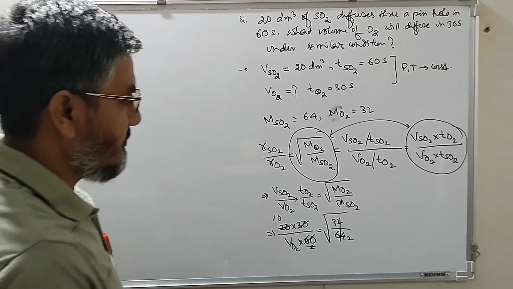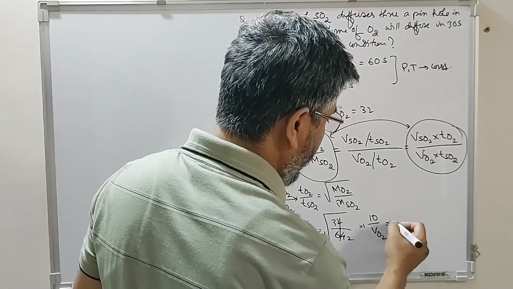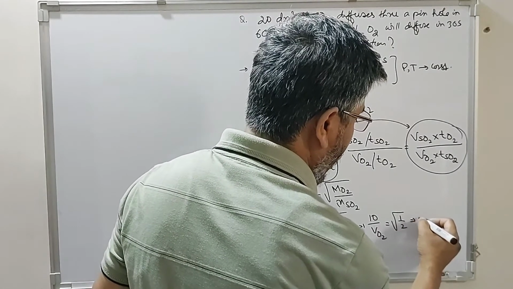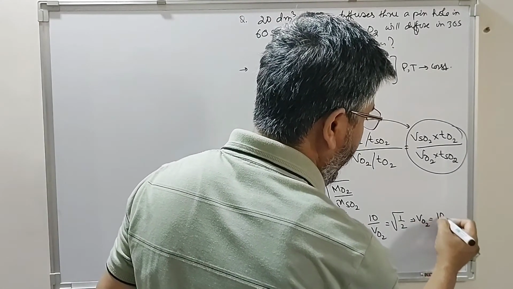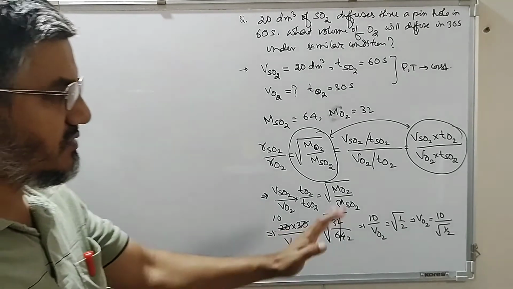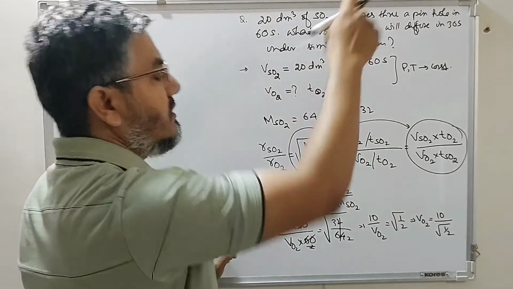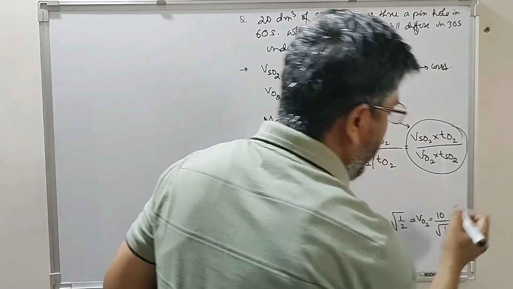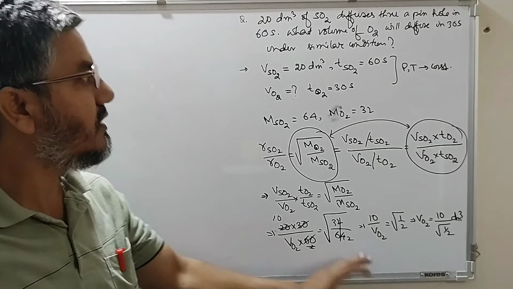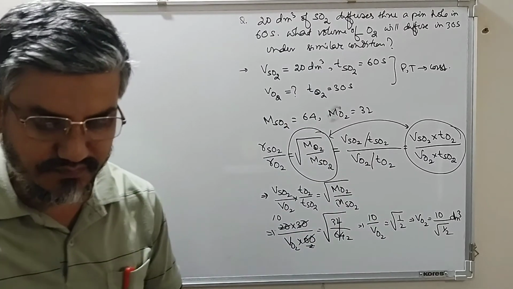So we have 10 by volume of oxygen is equal to 1 by root 2. Therefore the volume of oxygen is equal to 10 divided by 1 by root 2. We have to find this value. This is the volume of oxygen gas that will diffuse in 30 seconds, in terms of decimeter cube. So this is how we define diffusion and rate of diffusion by use of these definitions.